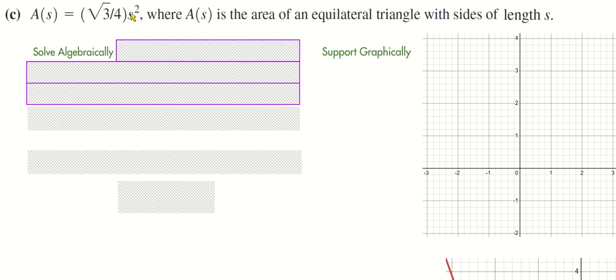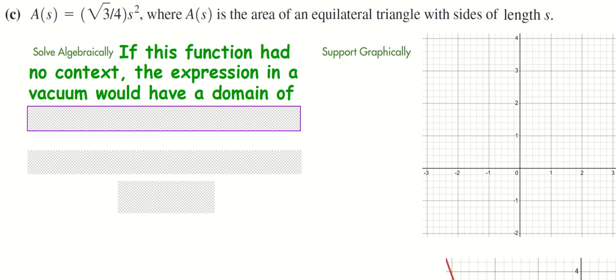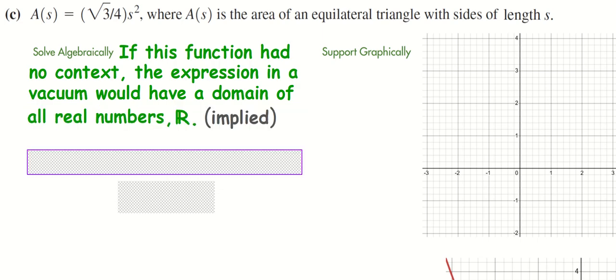But since this actually means something, like it's the length of a side of a triangle, the only relevant domain, you can't have a side that's negative 3 inches long. So if this function had no context, the expression in a vacuum would have a domain of all real numbers.